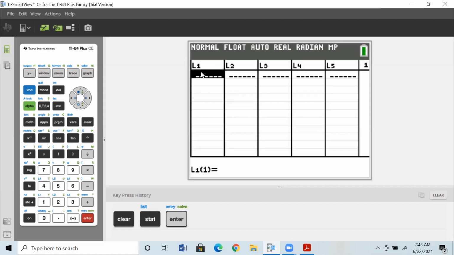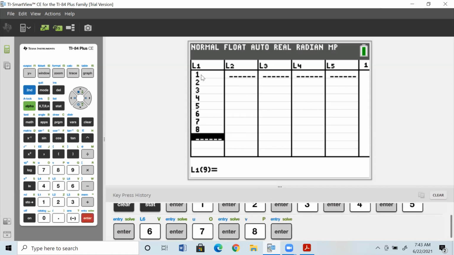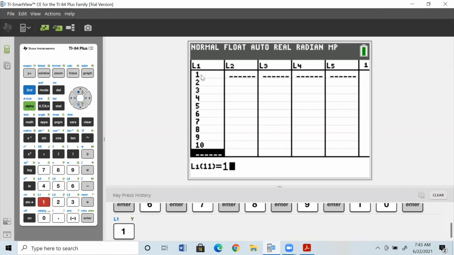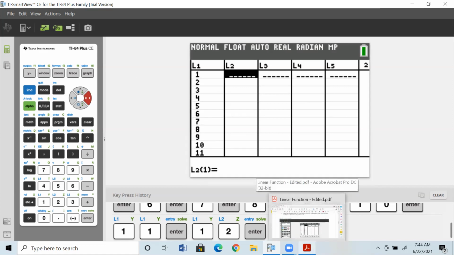The L1 values are the X values. Again, X represents months. So we would type in 1, 2, 3, and so on. Our L2 values represent our Y or our f of x values. We'll jump back and forth a minute to enter these.